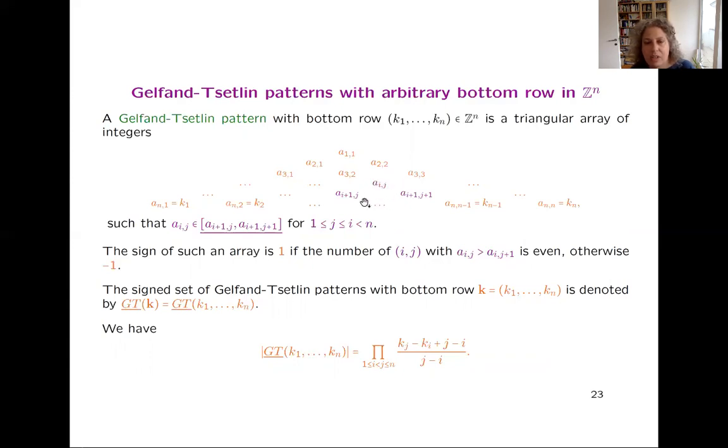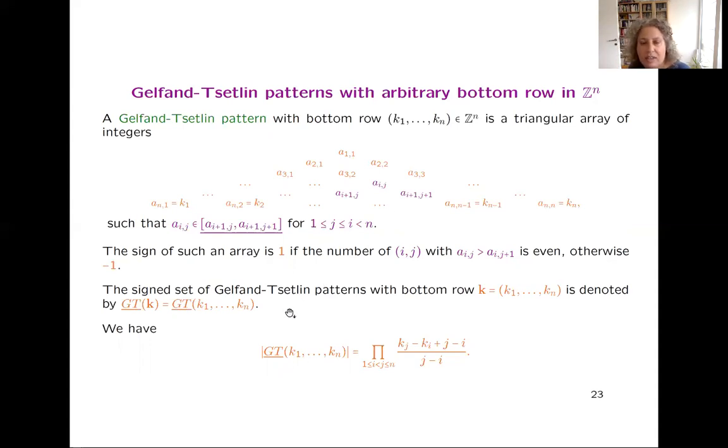We have the requirement that this element is in the signed interval made of these elements here. And what is the sign? Whenever the left element is greater than the right element, then this contributes -1 to the sign.